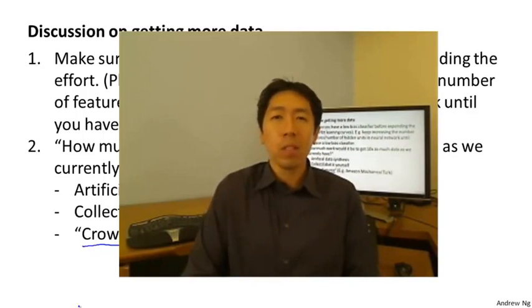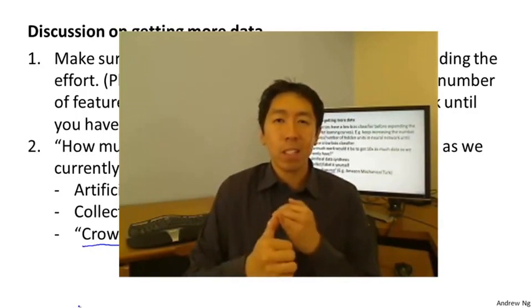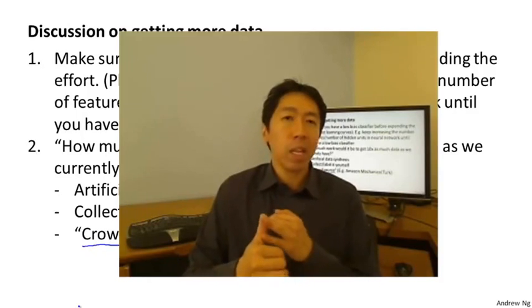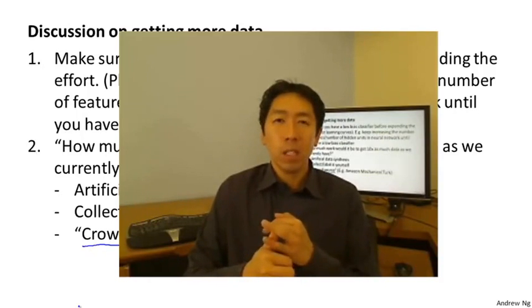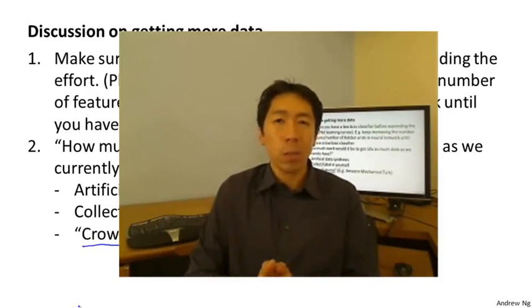And finally, one thing that I hope you remember from this video is, if you're facing a machine learning problem, it's often worth doing two things. One, just sanity check with learning curves that having more data would help. And second, assuming that that's the case, I would often sit down and ask yourself seriously, what would it take to get 10 times as much training data as you currently have? And not always, but sometimes you may be surprised by how easy that turns out to be.